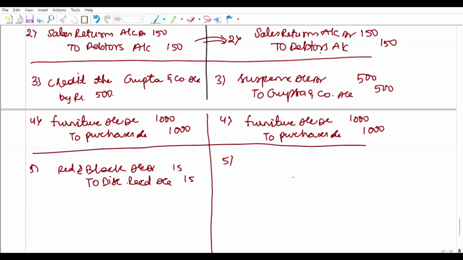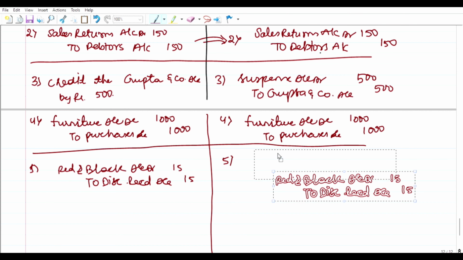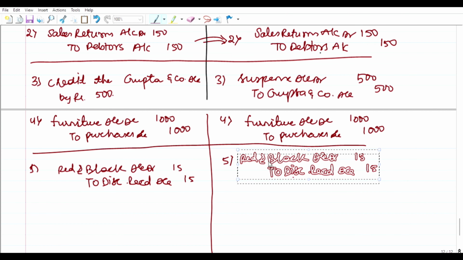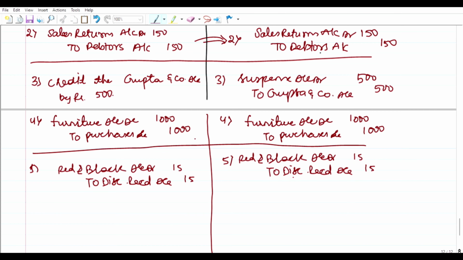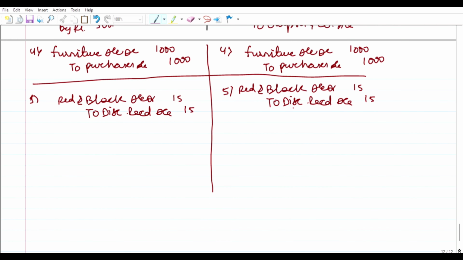But this was not noticed before actually. This was not noticed by the accountant at the time of preparation of final accounts and trial balance, due to which an error has occurred.